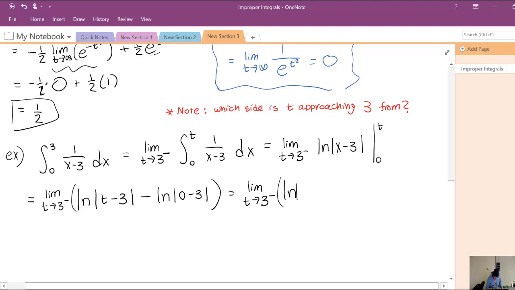And because these are absolute values, that just becomes ln of t minus 3, minus ln of positive 3.